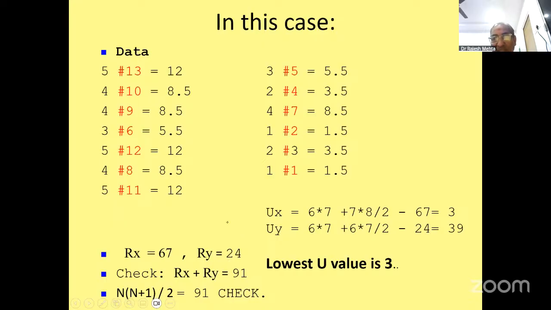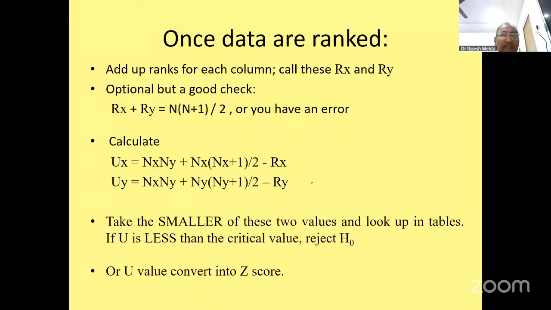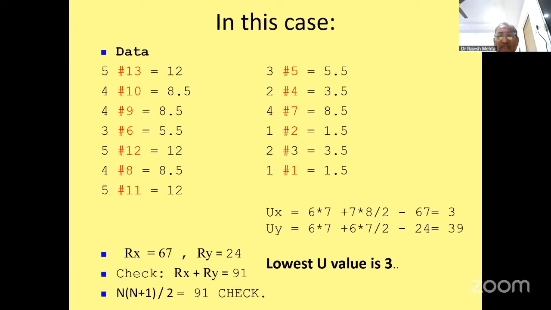Once we have that data, we find U. Going back to that formula, it is nx into ny, both the same, that is 7 into 6, and then 7 plus 7 into 1, that is 7 into 8 divided by 2, minus the total of Rx. It's very simple. If you compare this, you will get this result, 3 and 39.